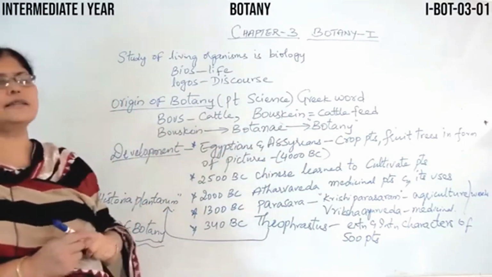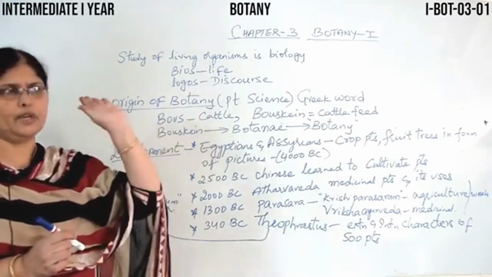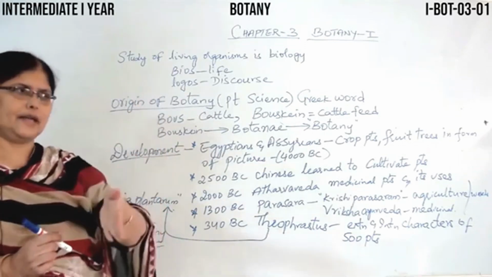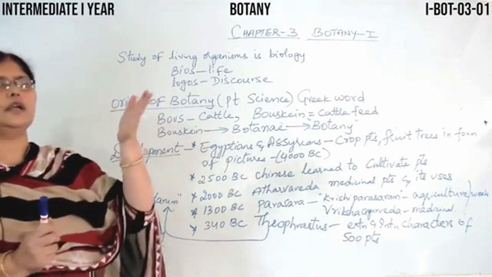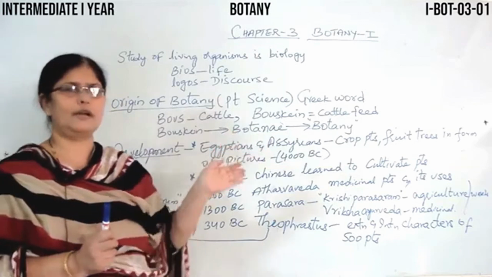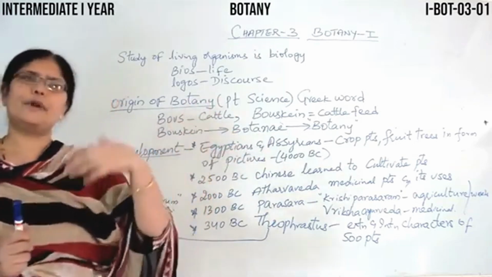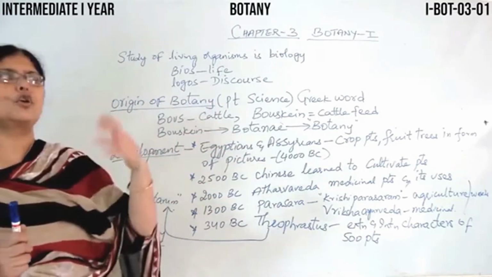Now, how has botany as a science developed from time immemorial to the present day? In ancient times, civilization was not in a proper manner. The science was not developed. So, the people were nomadic. They used to roam from one place to another in search of food, clothing, and shelter.